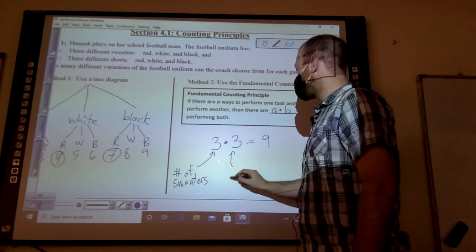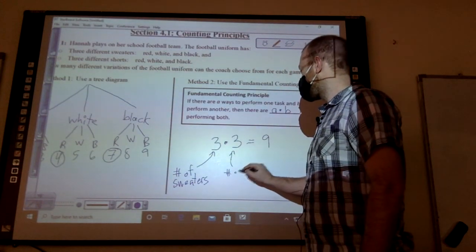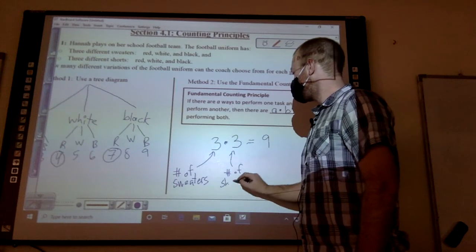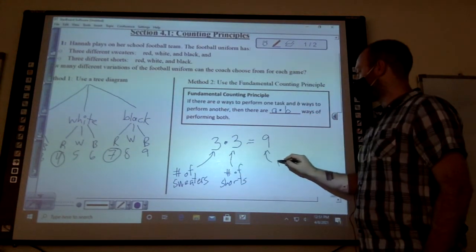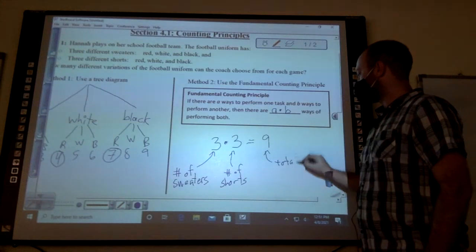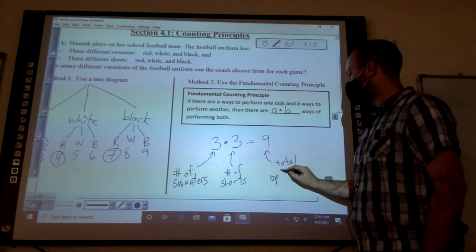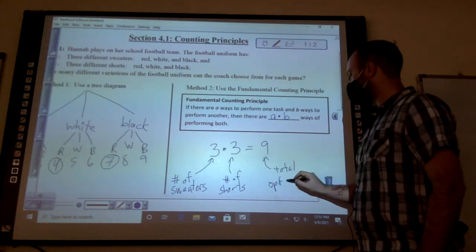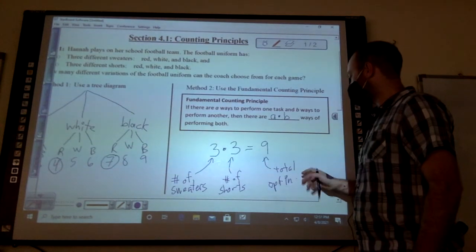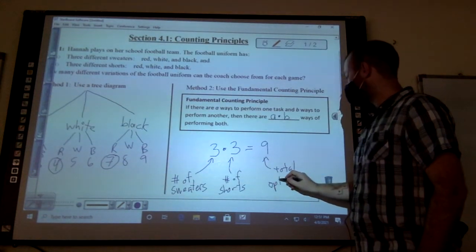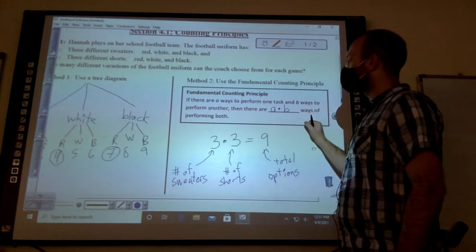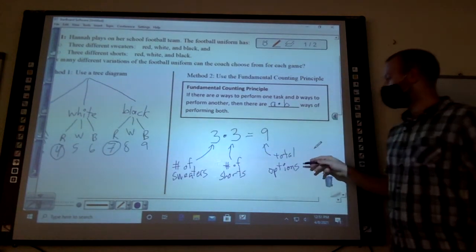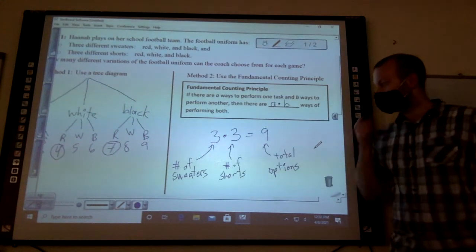This is going to be our number of shorts. And this is total number of options.